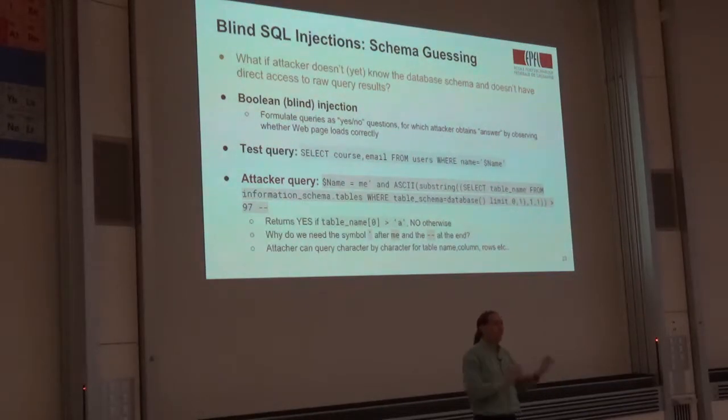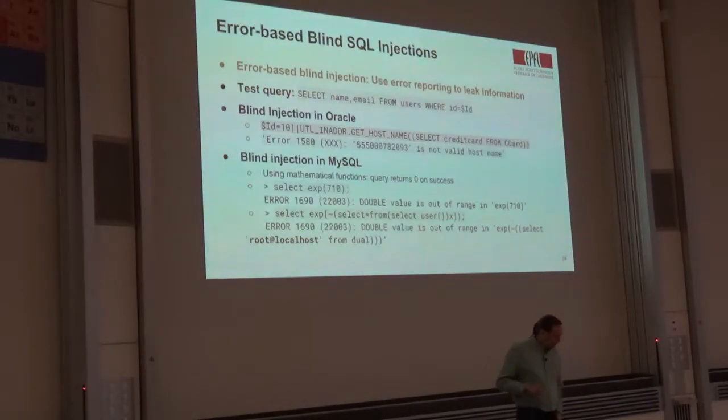So if the attacker can get the page to produce an error for one answer to the query and any form of success for the other answer, well, the attacker has a really nice information exfiltration channel, right? That can be used in all kinds of ways. So that's a very, very important standard tool.